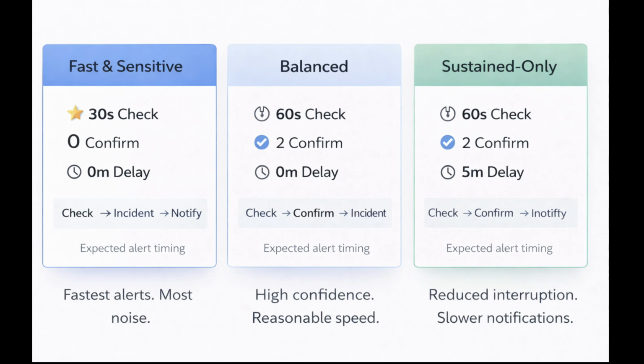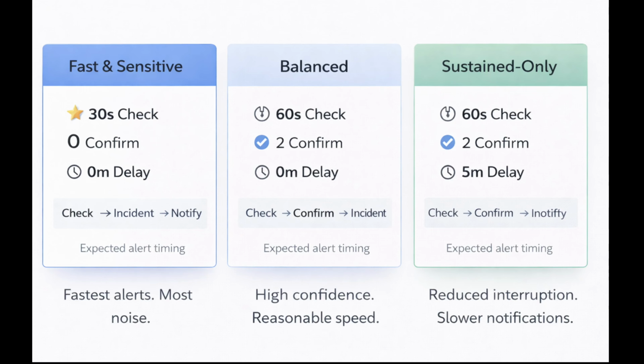Let's simplify this properly. Check rate defines how often you look. Confirmation defines how certain you must be. Alert delay defines when a human is interrupted. Together, they define your alert timing profile. Monitoring is not reactive, it's engineered. And once you understand the timing model, you stop guessing.